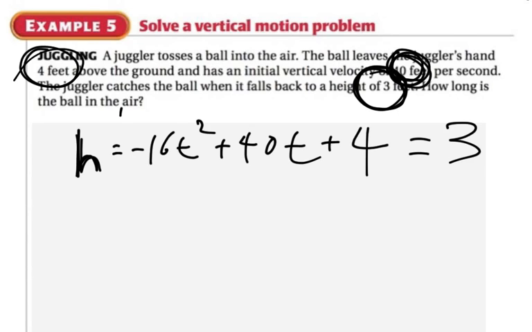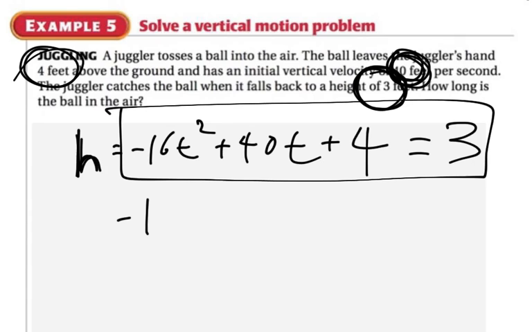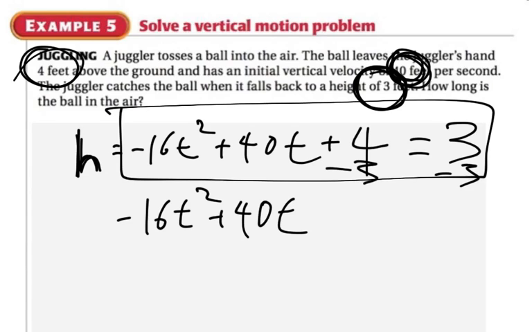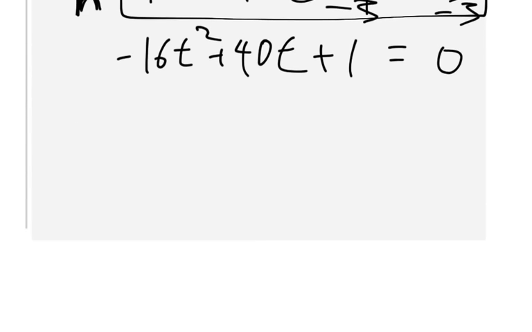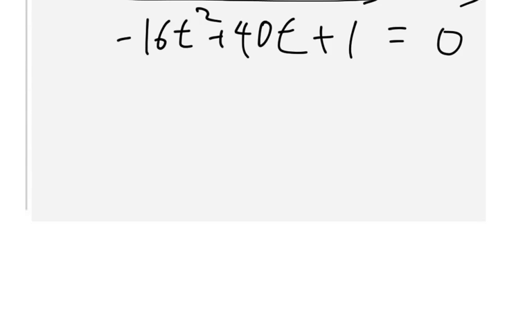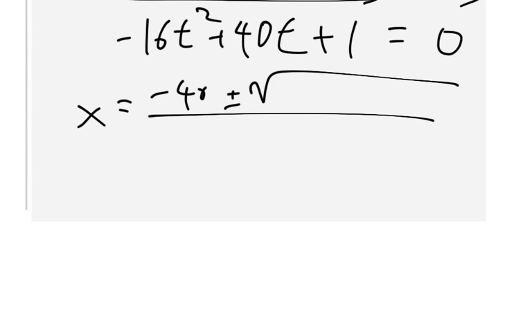To solve for this, we have to turn it into standard form by moving that 3 to the left side. So minus 3 on both sides becomes negative 16t squared plus 40t plus 1 equal to 0. And then you end up with standard form. You're going to plug into the quadratic formula, which is negative b plus or minus the square root of b squared minus 4ac, over 2a.